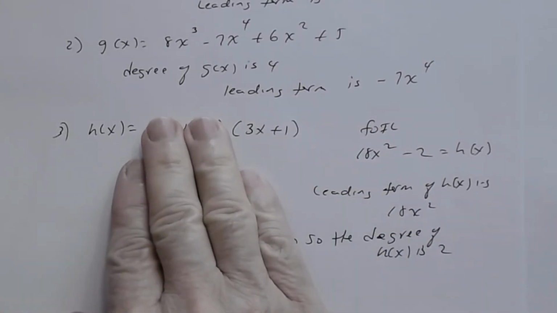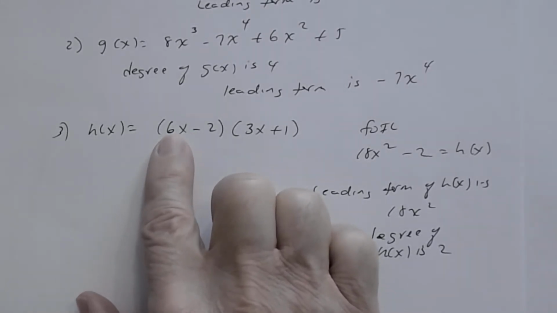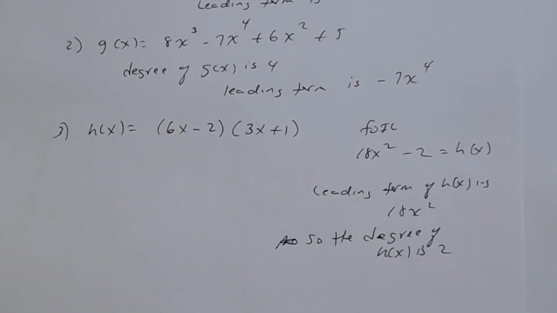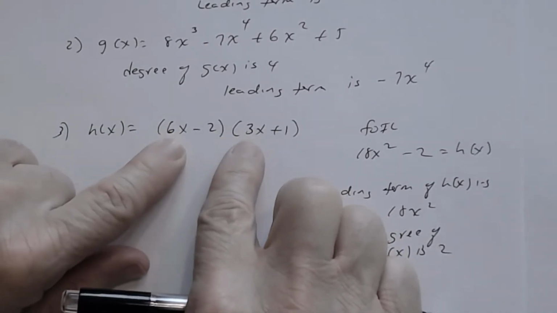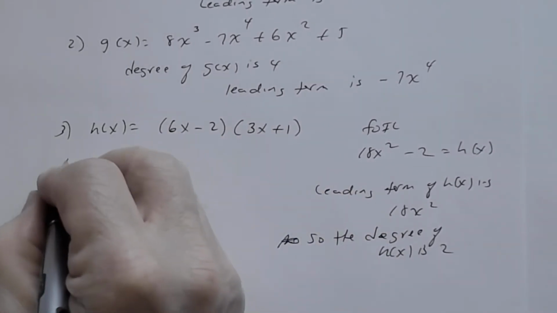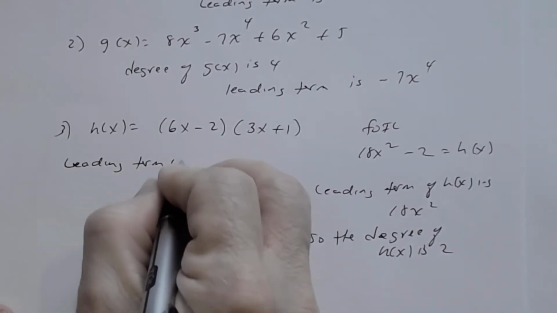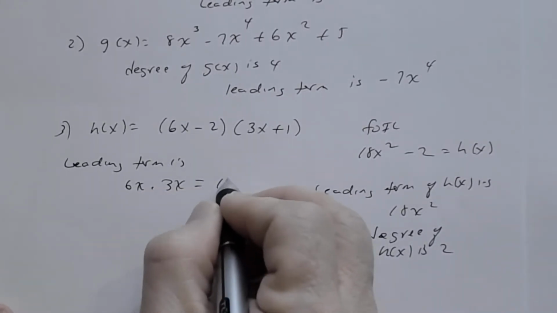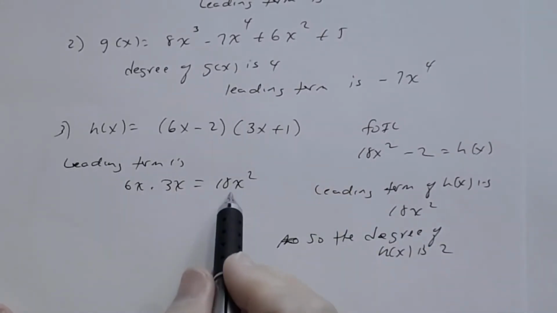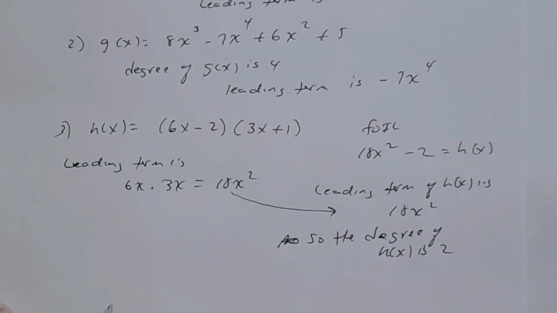And the same thing here. So you take the leading term of each factor, you multiply. So 6x times 3x, which equals 18x squared. And then once you find the leading term, you know the degree. So the degree is 2.